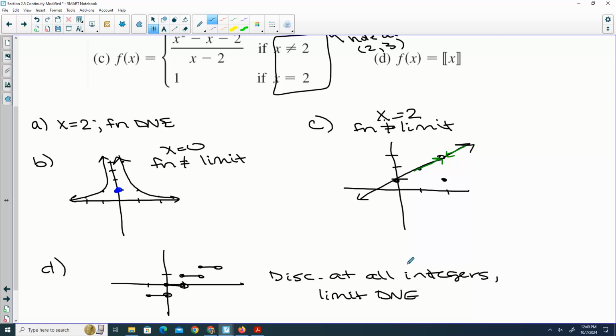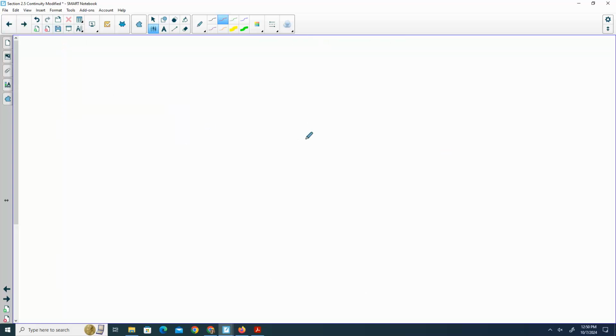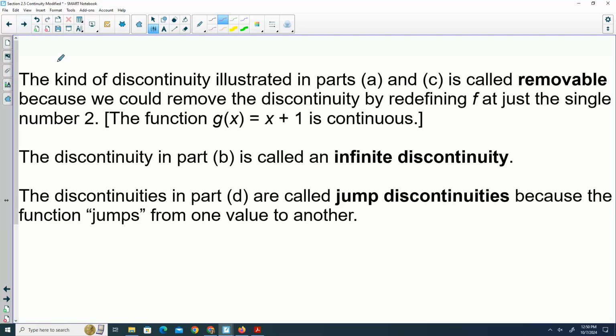So I want to go back and talk about some of these. We have different types of discontinuity. C, that one's a special type. It's called removable, because if this second point had been 3 when x equals 2, that would have moved my point to here. Then would it have been continuous? Yes. So in part C, that is removable because we could fix it at that number 2.